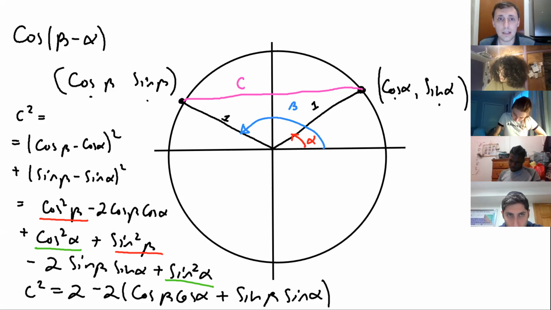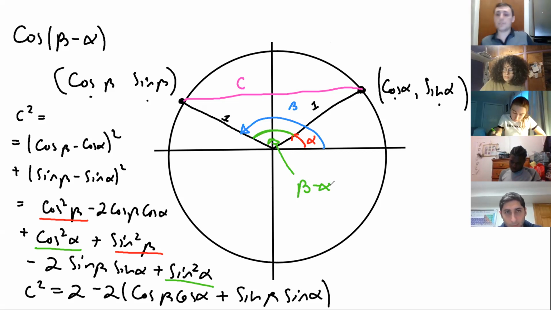Observe, guys, that the angle in between beta and alpha, this green angle that I'm going to draw, what is the size of that green angle? It's simply beta minus alpha. You see that? It's just beta minus alpha.